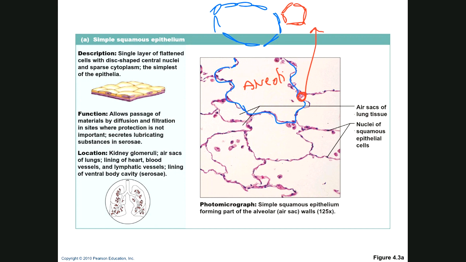Because both structures have the thinnest tissue in the body, both of them are so thin that they're going to allow for the movement of tiny molecules like oxygen from one of these structures into the other structure. So oxygen can diffuse from alveoli onto the capillaries only because the tissues making up both structures are the thinnest tissue of the body, simple squamous epithelial tissue.